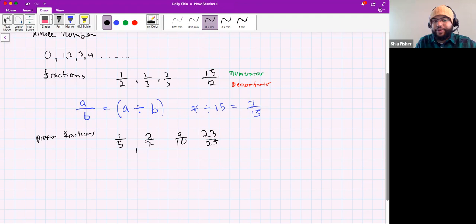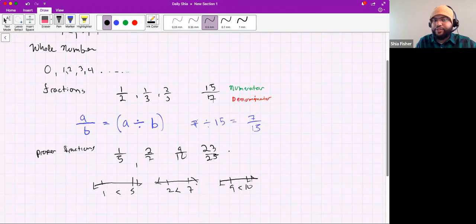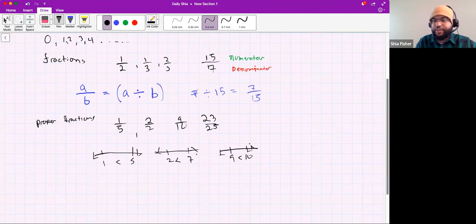So you'll notice on the number line, 1 is smaller than 5, or 2 is smaller than 7. 9 is smaller than 10. Doesn't have to be by a lot, but it does have to be smaller on the number line. And you're noticing that we're not using decimals in either of these. We're using natural numbers to make fractions.